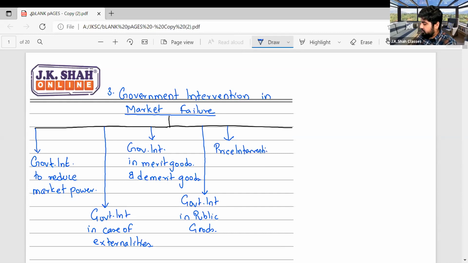Price intervention in non-market pricing.